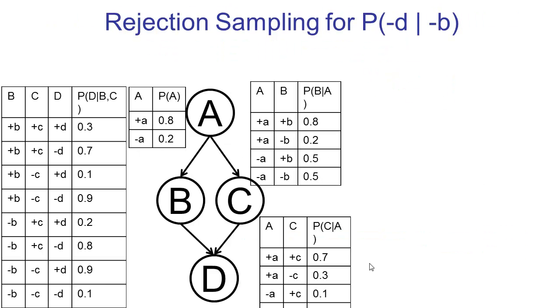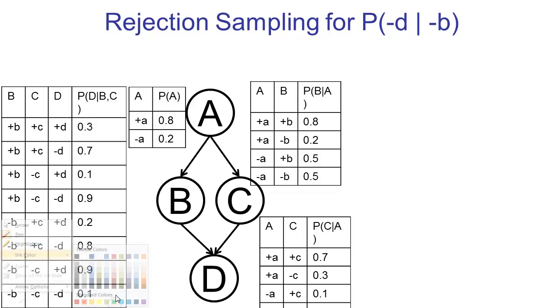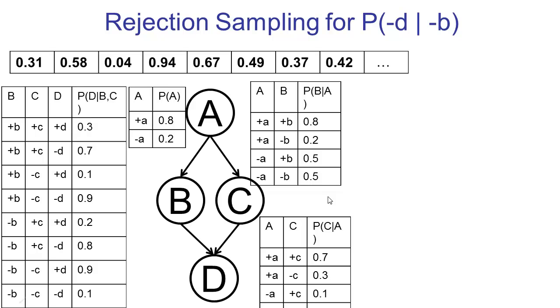Let's take a look at rejection sampling first. Again, we will rely on a sequence of numbers generated uniformly at random.